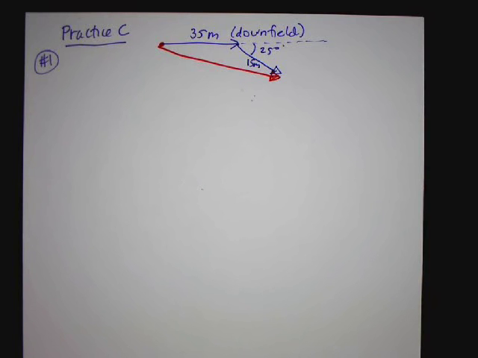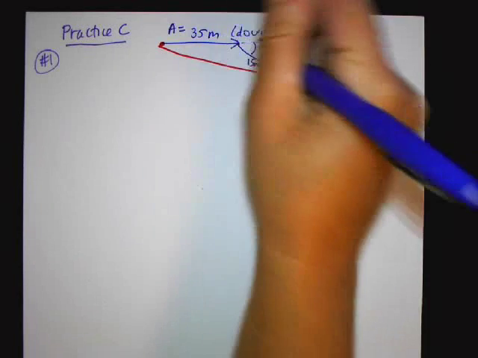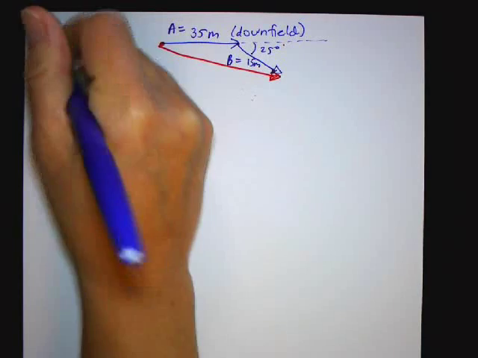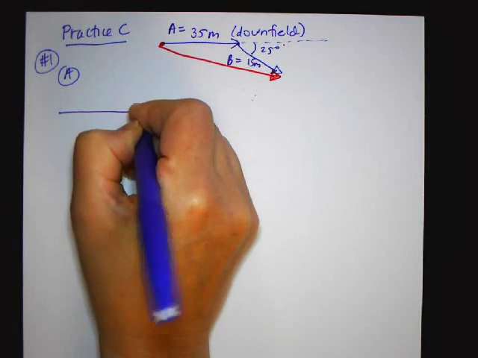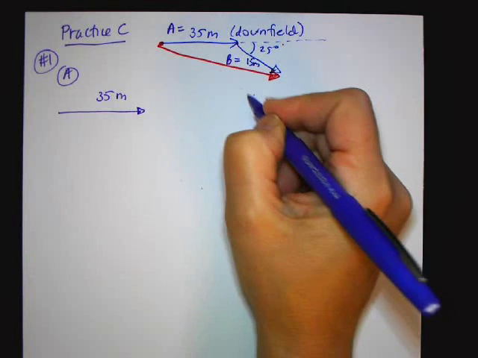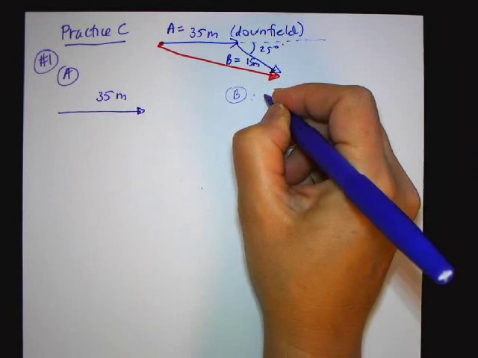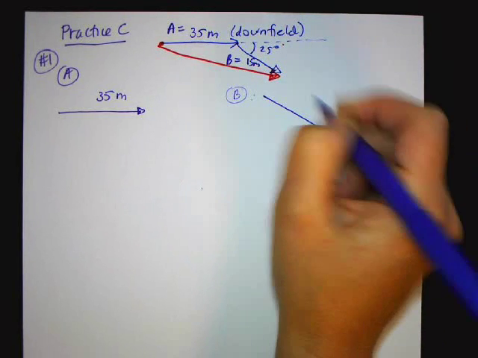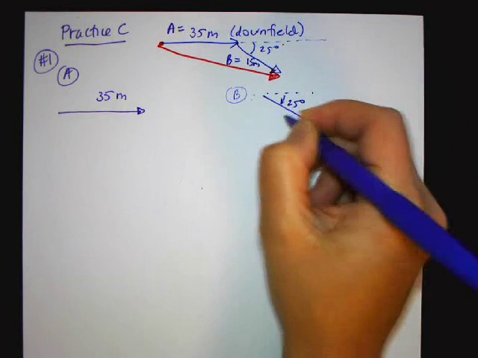So I'm going to call this one A, and I'm going to call this one B. Vector A looks like this, and it's 35 meters. Vector B looks like this. This angle here is 25 degrees, and the magnitude is 15 meters.